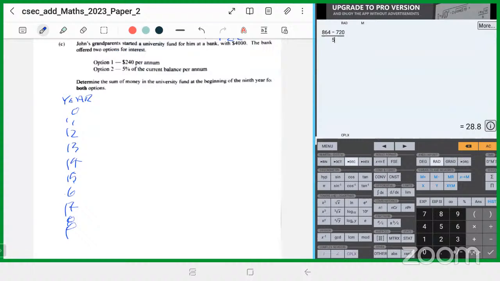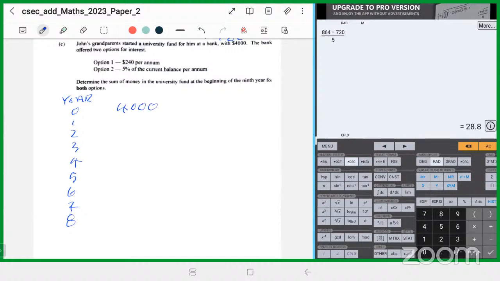You're done 8 years. So you start in the 9th year. But you can't include when you started in the count. So when you start the 9th year, it means that you completed 8 years. All right. You have 4,000 to begin with.